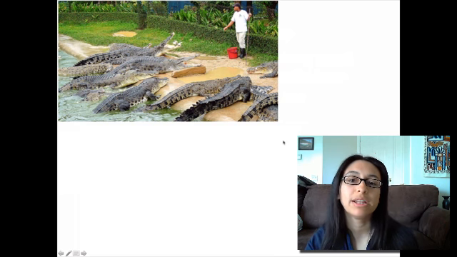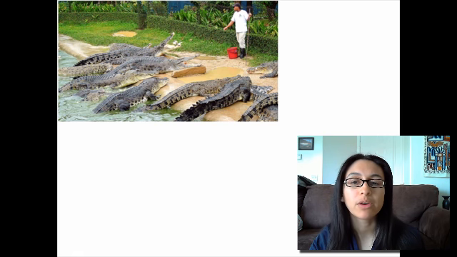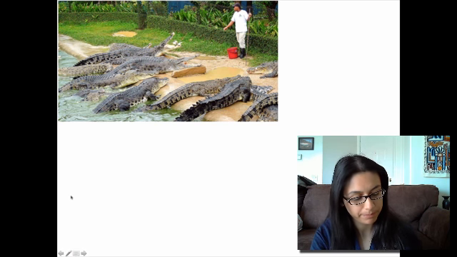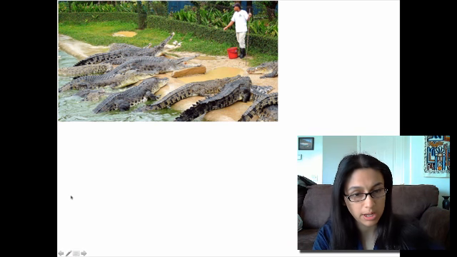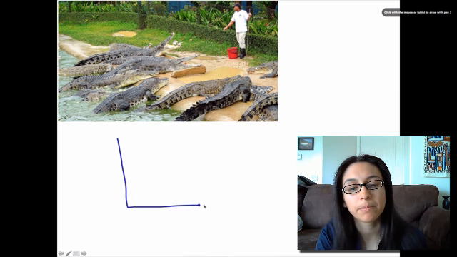So let's say we're looking at crocodiles here. In this population of crocodiles, when they're all full grown, they are not going to be the exact same size. Okay? So if we were to actually map them on a graph, I'm going to go ahead and set up my graph here.